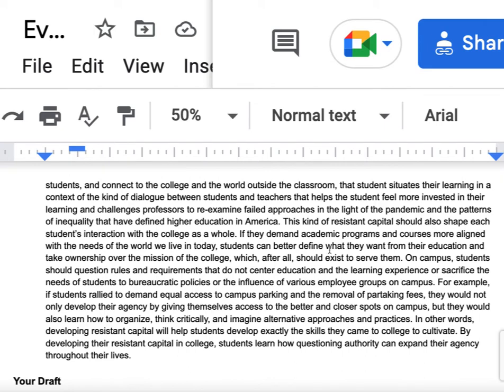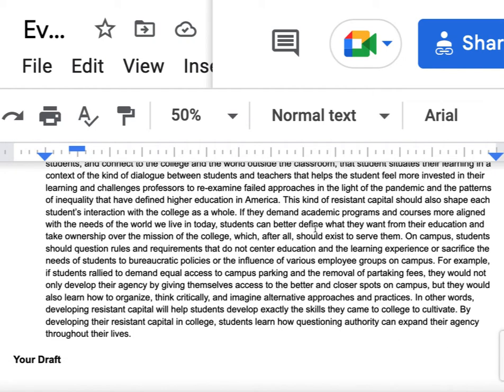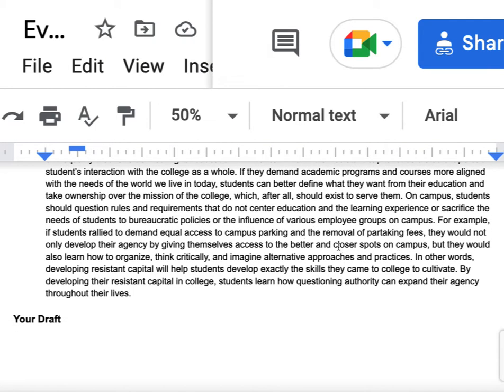And when you read through this paragraph, you're going to see a discussion of the kinds of things students should resist, what they should do to resist them, how they should resist, and why they should resist, what they'll gain from that. And then again, at the end of the paragraph, after this detailed discussion of who, what, when, how, why, we get down to those sentences at the end that remind us of the topic and what the larger argument has been.